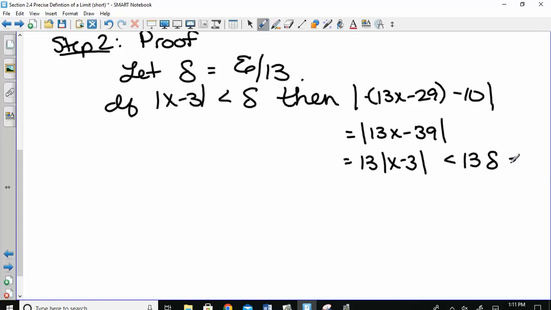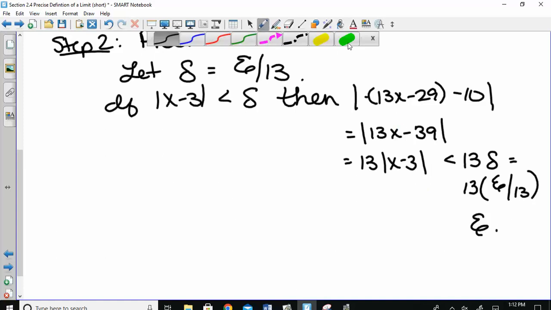And what is delta? So that's 13 times epsilon over 13, which is epsilon. I told you we had to get the less than and the epsilon, and we did. So we're done.